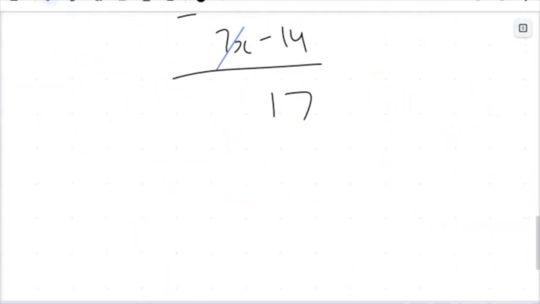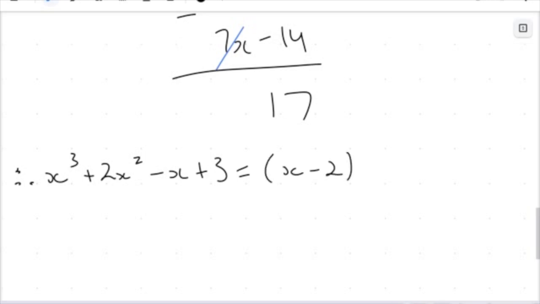So we can say by breaking this up that we can write, therefore, x cubed plus 2x squared minus x plus 3. We can write this as the divisor, which was x minus 2 in this case, times the quotient, x squared plus 4x plus 7, plus my remainder of 17.